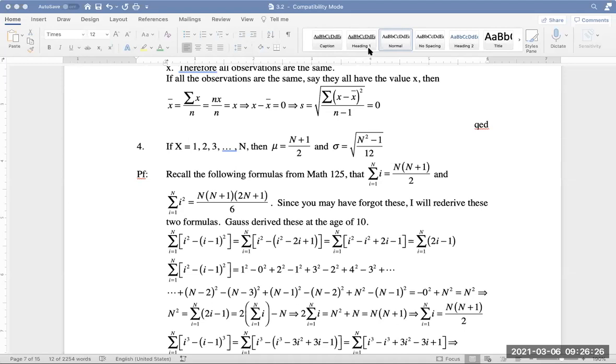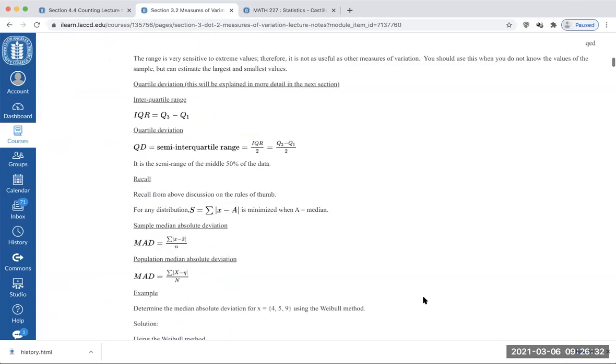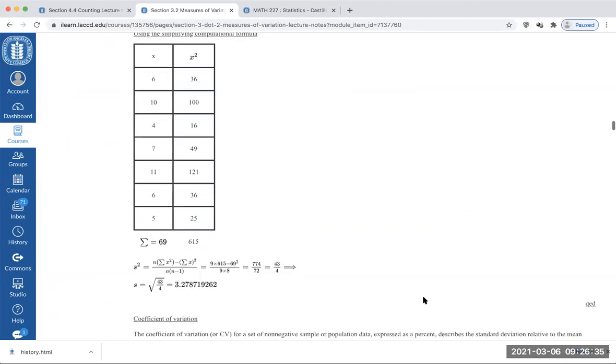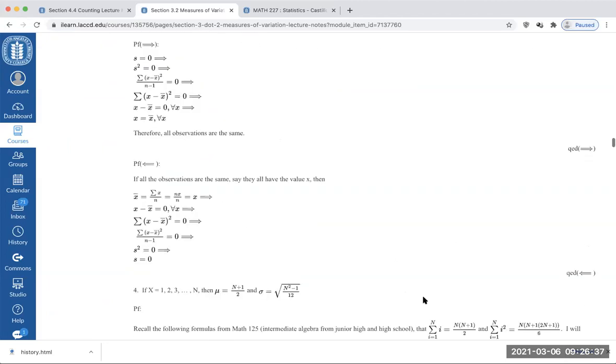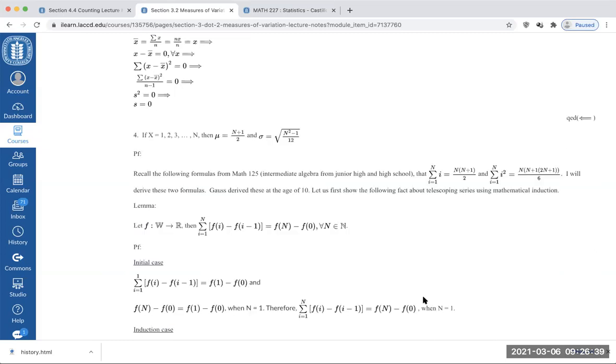My notation's probably better here. Yeah, this is a better notation. It's the same sort of thing that I have on my other lecture notes, but I didn't update those, so they don't look as nice. My notation is nicer in this.